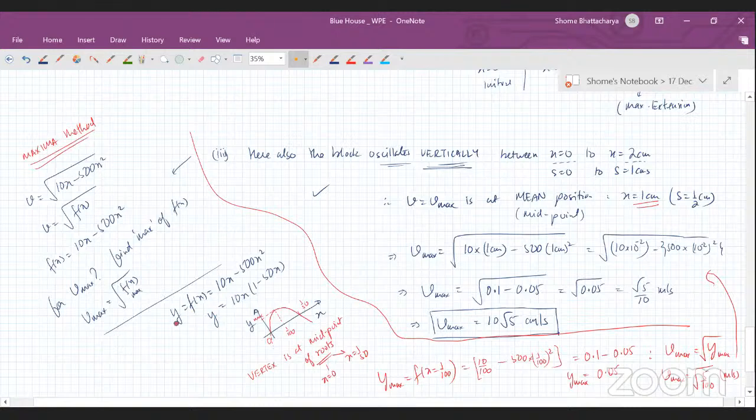If you're confused about the graph and all this, you can also use this: dy by dx should be 0. So differentiation of 10x minus this should be 0. And second derivative should be negative. So you can go with that method also.